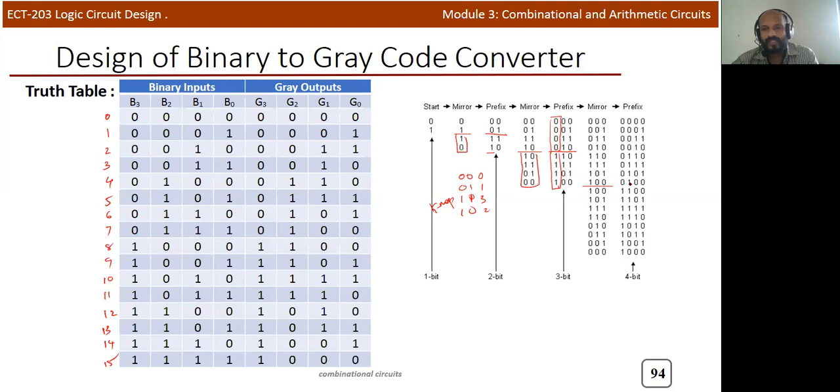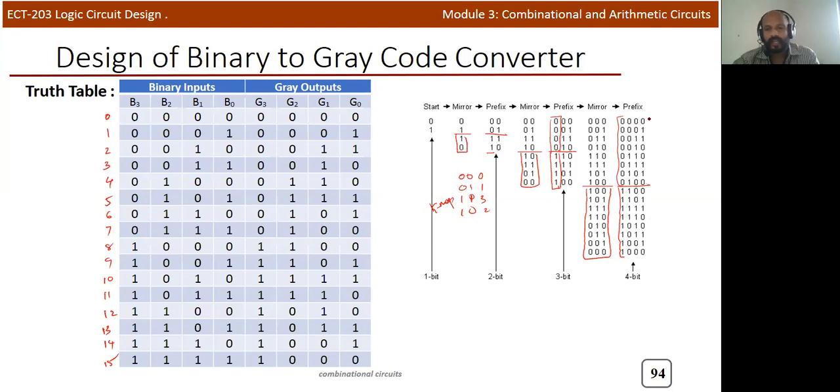And if you know the 3-bit sequence, just write the mirror of that particular thing. So the same values we will write in the reverse order first. Okay, then again add 8 zeros in the first position and 8 ones in the other position. So you'll get the remaining 8 of the sequence. So you can write the gray code sequence very easily.